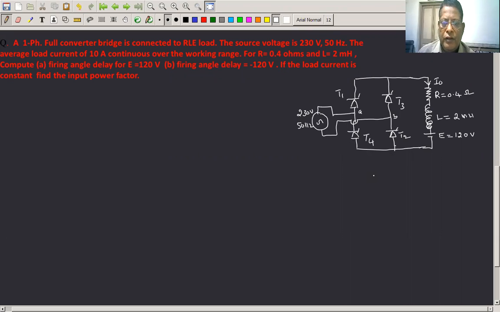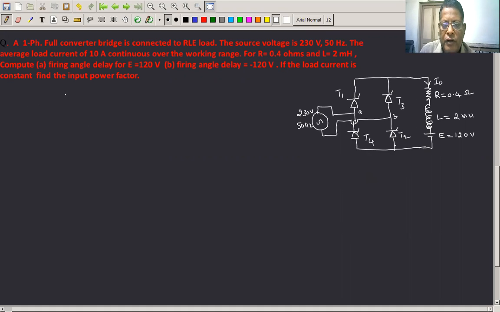Now first you have to find out the firing delay angle for E equal to 120 volts. See here, RLE load, E equal to 120 volts. So the average load current is continuous load current, so the average voltage across the inductor becomes 0.